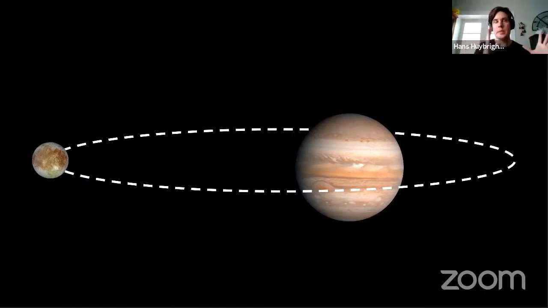And that means that sometimes they're far away from Jupiter, like you see here. Europa is far away, but it can also be closer by Jupiter while it's going around. And at the same time that they're going around Jupiter, the gravity of Jupiter is also pulling on the moons. And the pulling of Jupiter is so strong that it can change the shape of the moon.